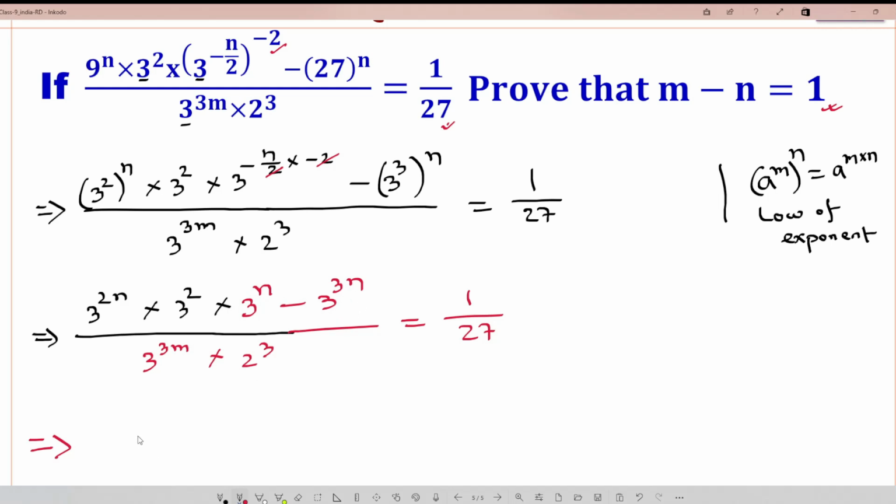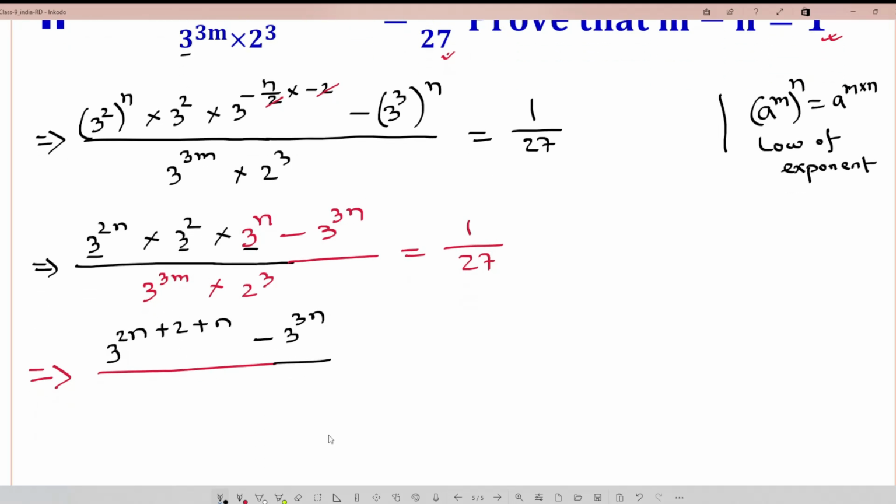So we can write like this: here the bases are all 3, so this one we can write 3 to the power 2n plus 2 plus n, and this minus 3 to the power 3n we just keep, and this one 3 to the power 3m times 2 to the power 3 equals 1 divided by 27.